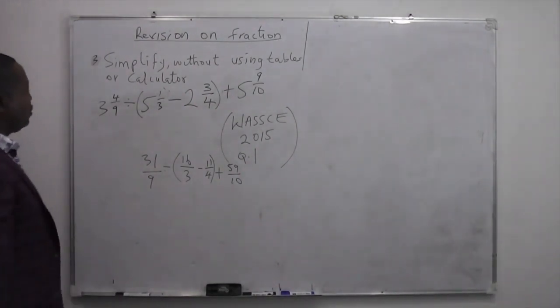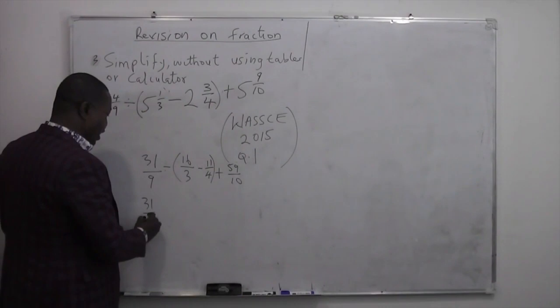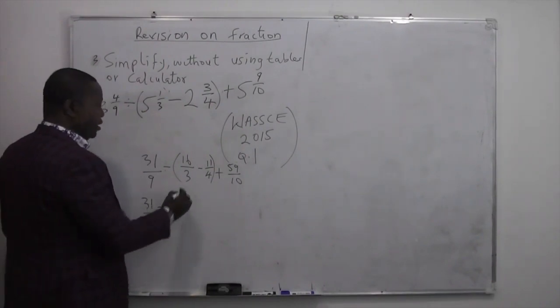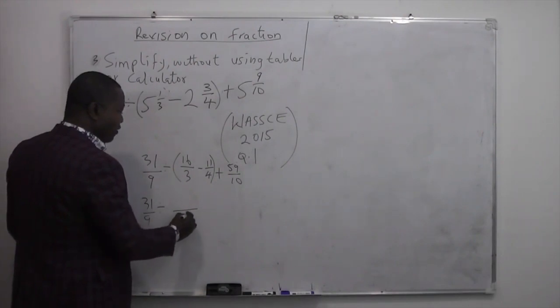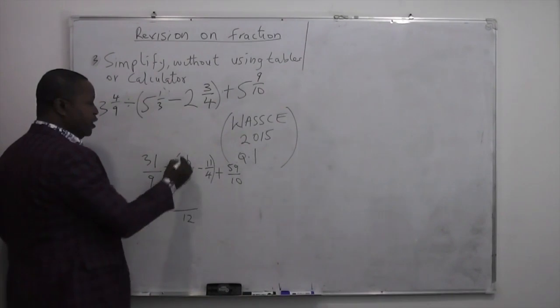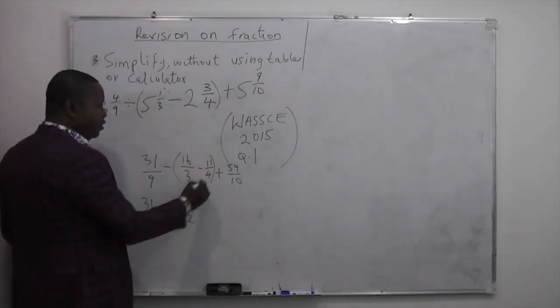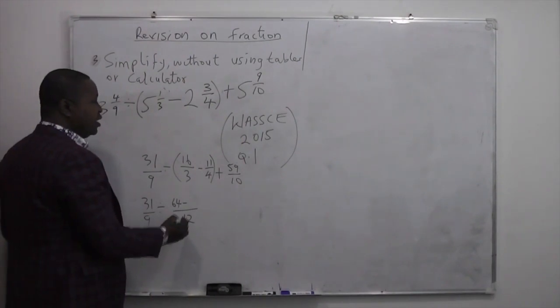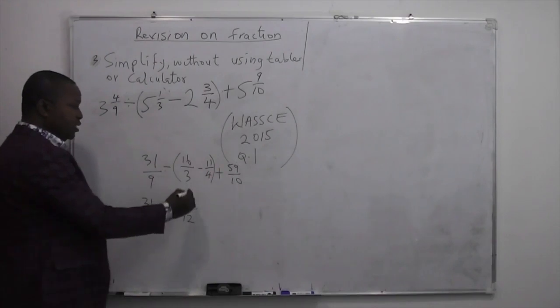Good. Now let's go. We are having 31/9 divided by this one. Find the LCM of 3 and 4. The LCM is 12. 3 divided into 12 is 4. 4 times 16 is 64, minus 4 divided into 12 is 3. 3 times 11 is 33. We are done with this.